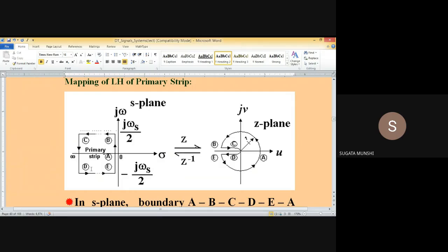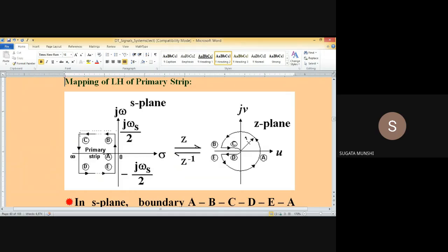Now what we are doing is traveling along the boundary of this left half of the primary strip. We have started from A. A is simply the origin, although I have just shown it a little bit away. From the origin, we will travel up, reach the boundary of the left half of the primary strip, then travel left up to the point corresponding to sigma equal to minus infinity.